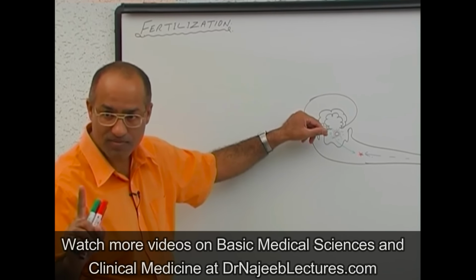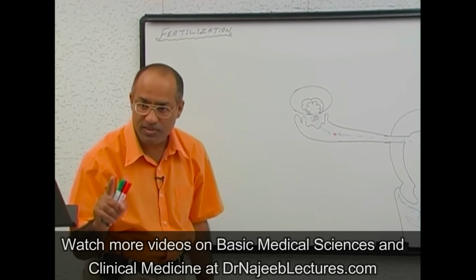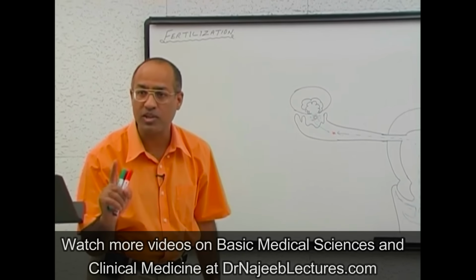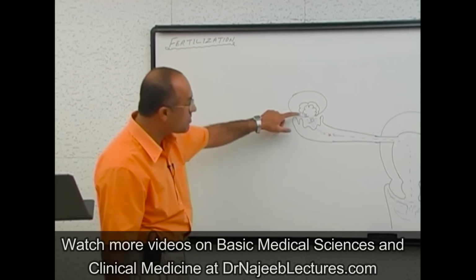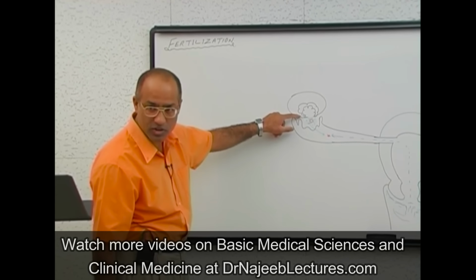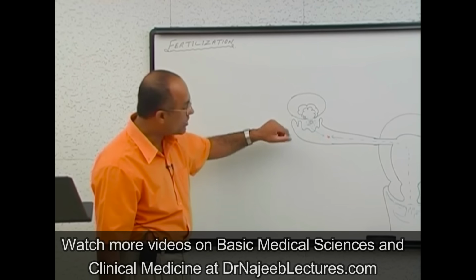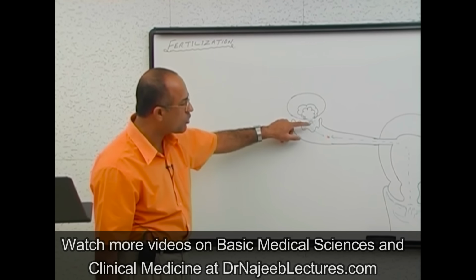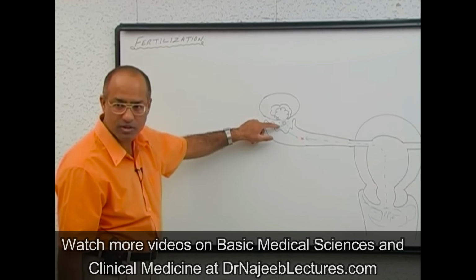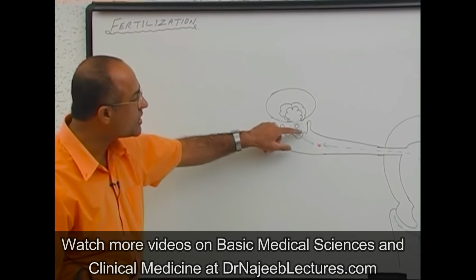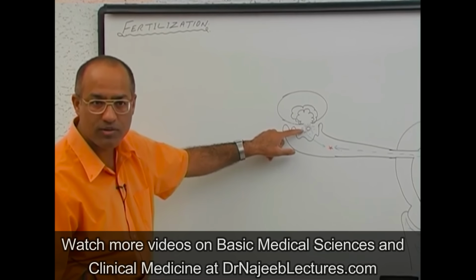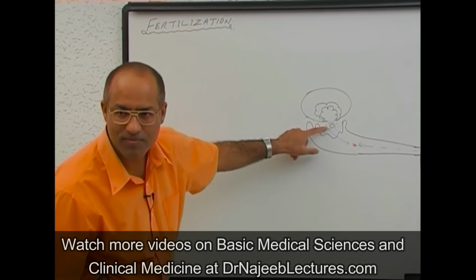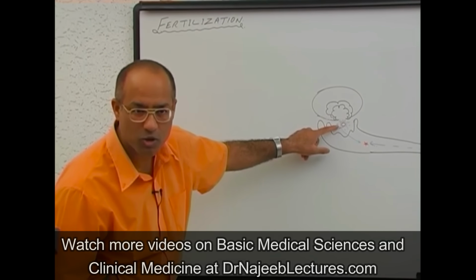At this time, there is a sudden increased level of FSH and LH, especially a dramatic increase in the luteinizing hormone level, just a few hours before ovulation, right? As soon as the ovum comes out with the follicular cells, these follicular cells rearrange around the ovum, and these rearranged cells are called cells of corona radiata.